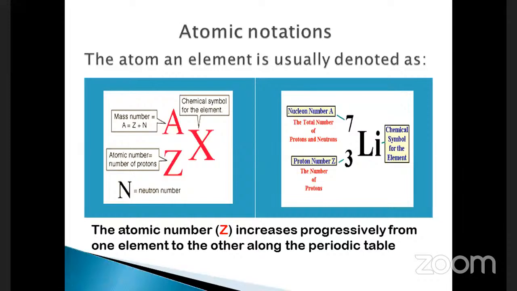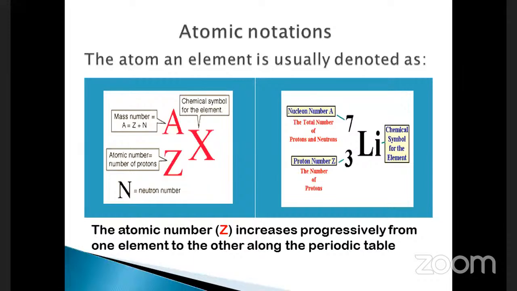What we need to talk about now, and that is important to us, is the concept of isotopy. Isotopes are atoms of the same element that do not have the same mass, like that gold I showed you the other time.